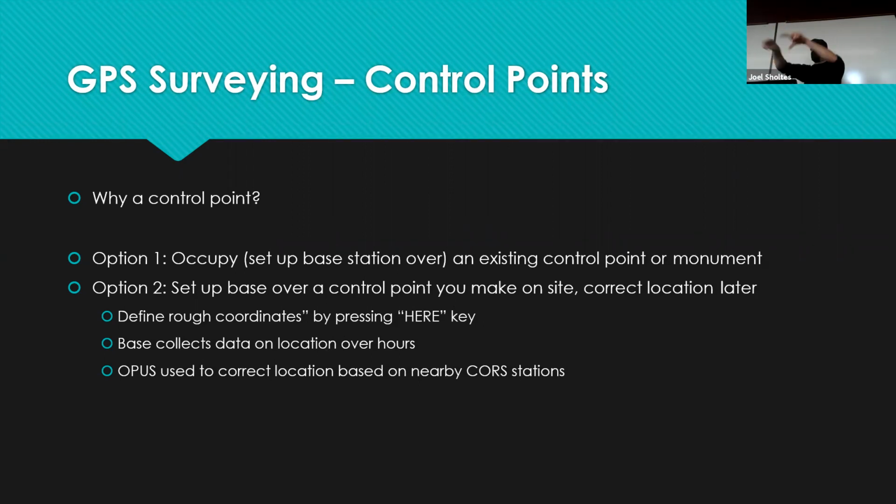You could plot those and it'd be this big cloud around that point. Now, what we're going to do today is use this system called OPUS to correct that location based on the nearby CORS stations. There are continuously operating GPS stations all over a continent, and they're going to send us corrections that we'll use via an internet server to get a really accurate location for our point.